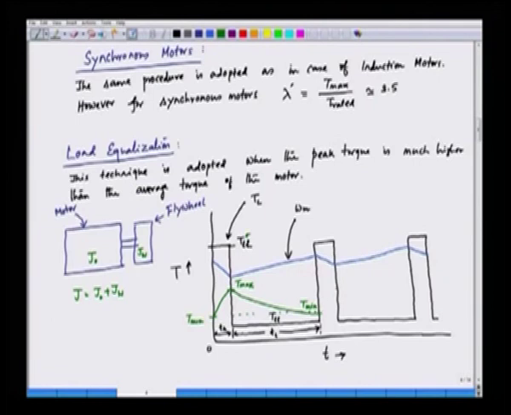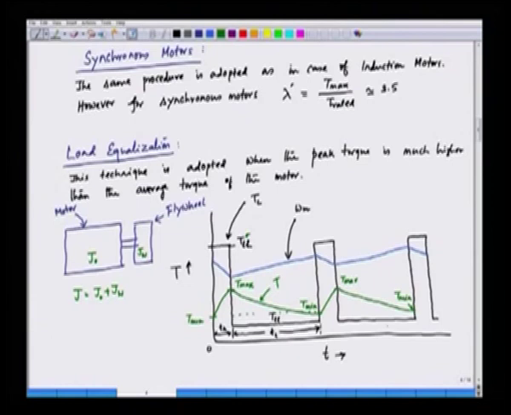So we again have T maximum exponentially, and then again we have T minimum here; the decrease is also exponential. So this is the variation of capital T, the motor torque.